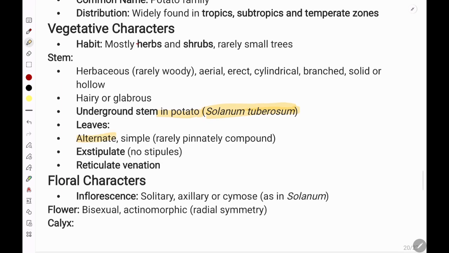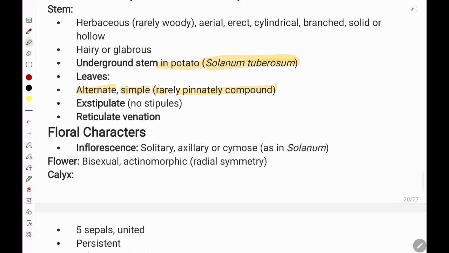Leaves are alternate, simple, rarely pinnately compound. Generally, they are simple leaves. They have reticulate venation. Reticulate venation, you have to remember this type of venation.